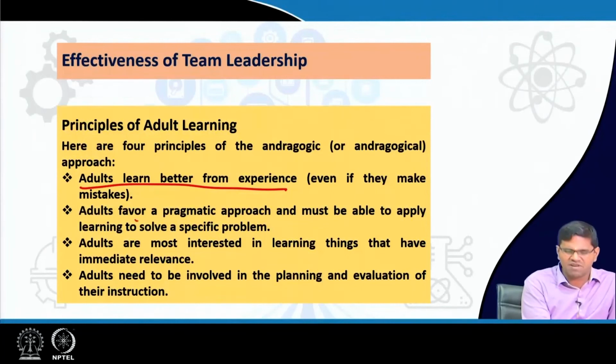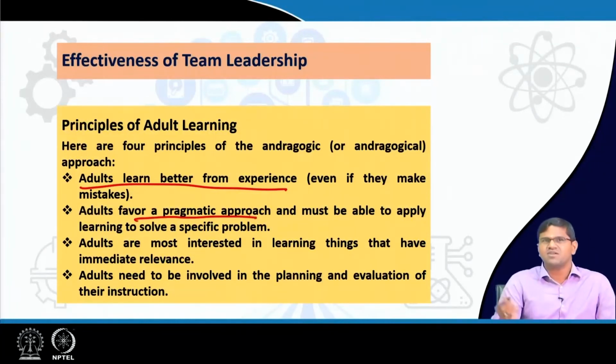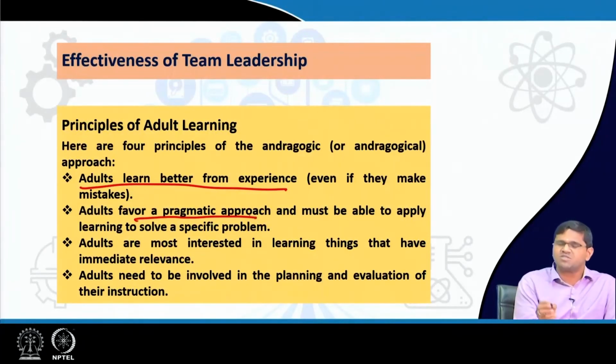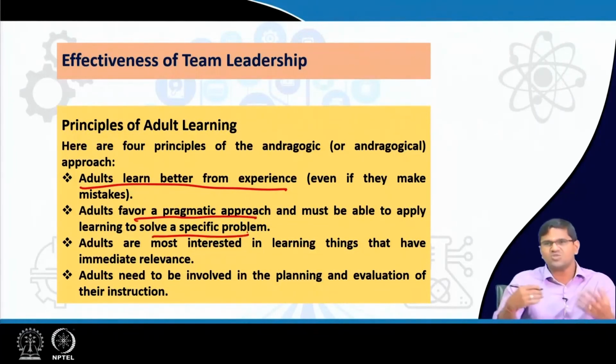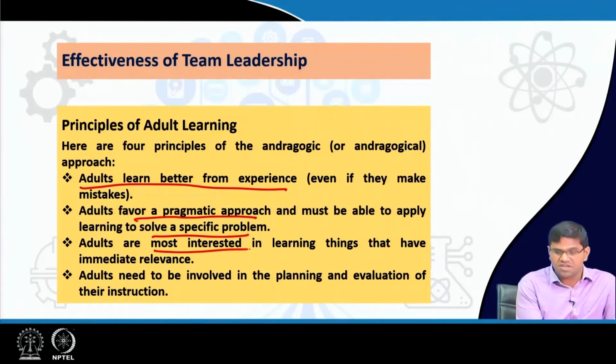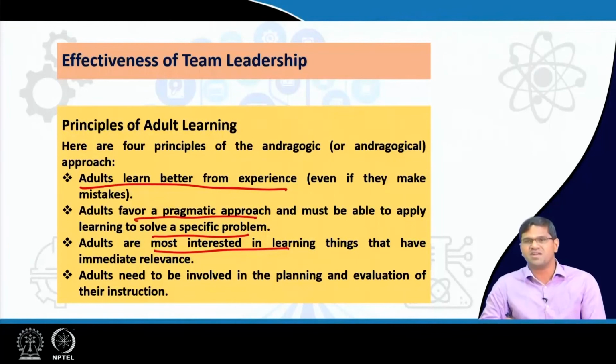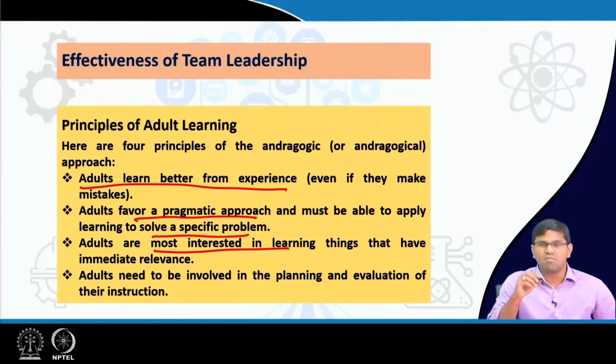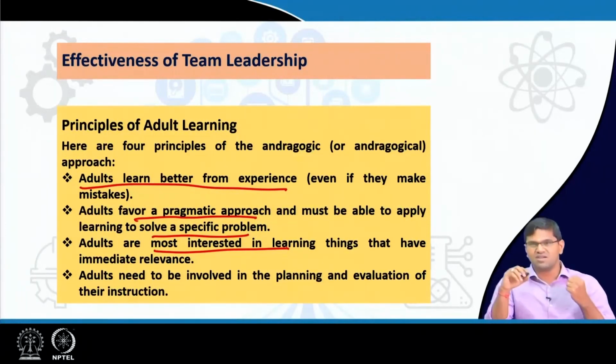Adults also favor a pragmatic, practical approach, and must be able to apply learning to solve a specific problem. Adults are more interested in learning things that have immediate relevance. If the company is providing a training, it should be relevant to their current workplace.